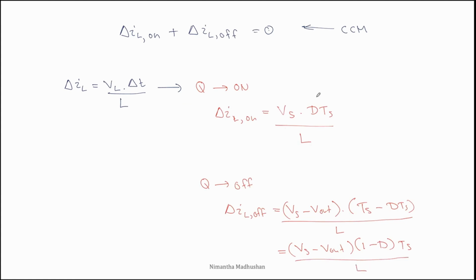Then we can assign these two values to this equation: delta IL on plus delta IL off is equal to 0.